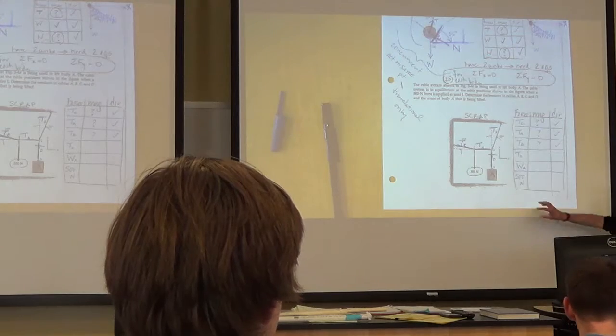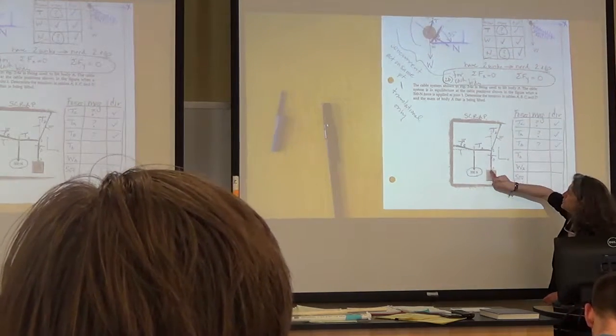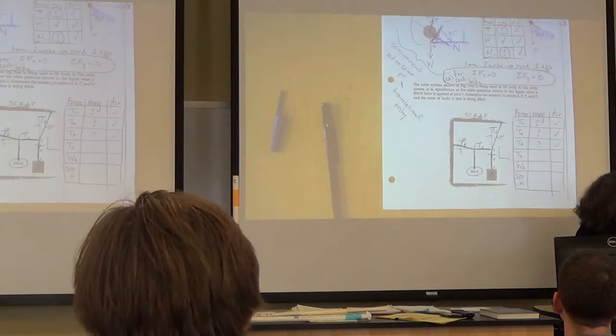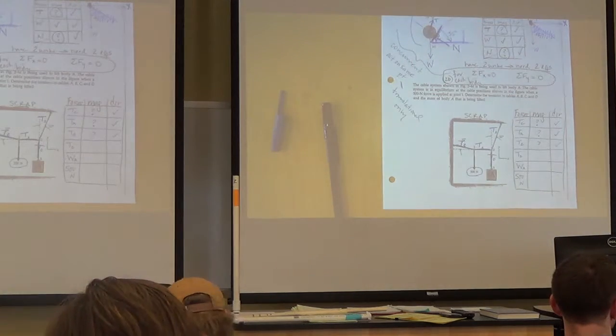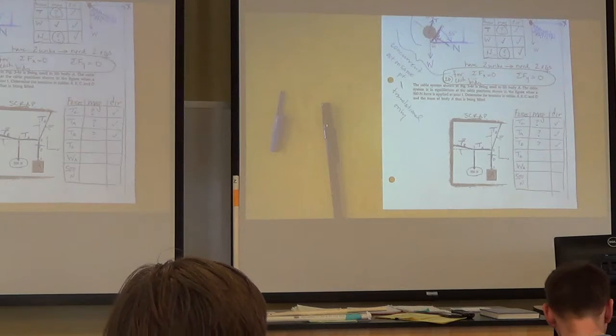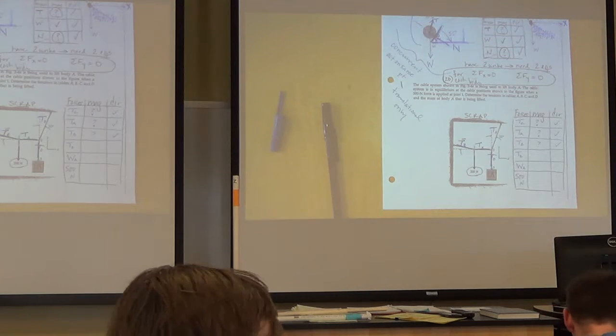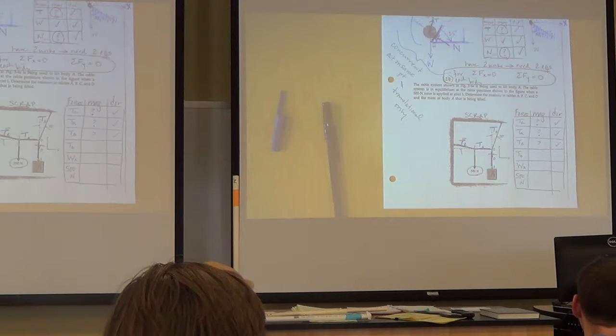We have a weight of block A here, and it's being suspended by a cable. If I drew a free body diagram right at that link, weight A would go down, and how would I draw tension? Kenzie? TD would be going up.